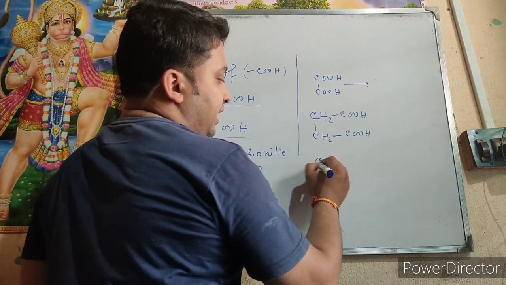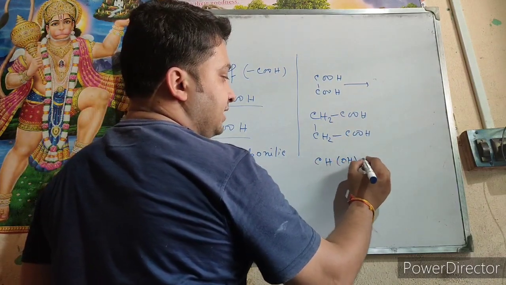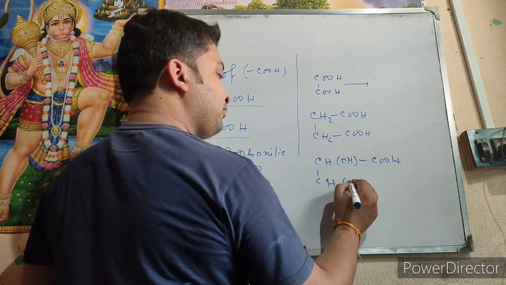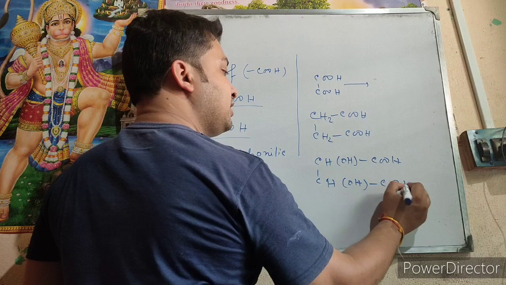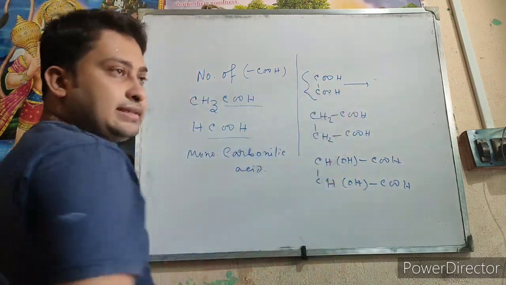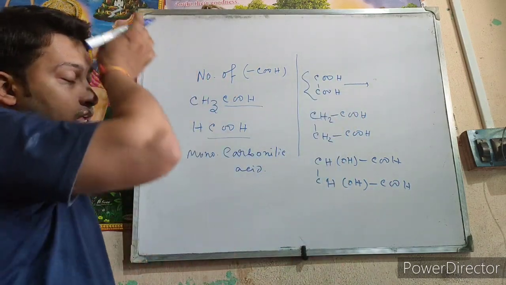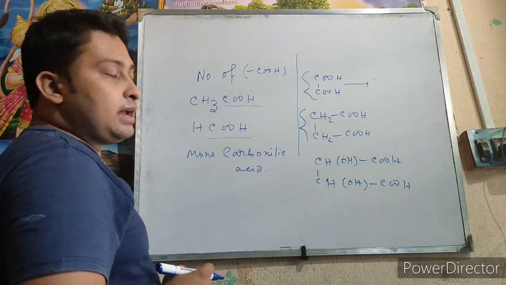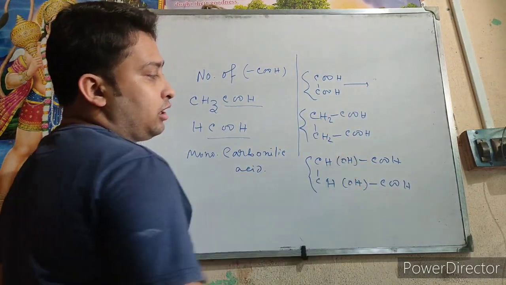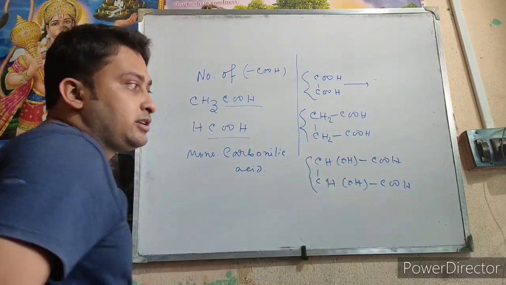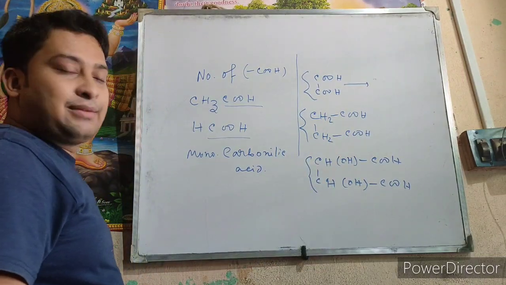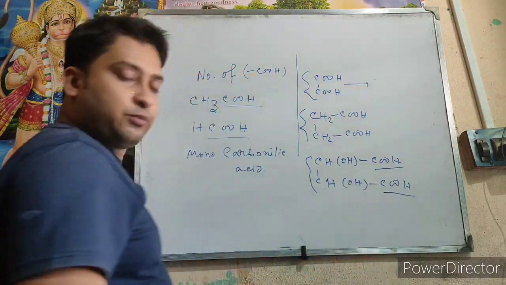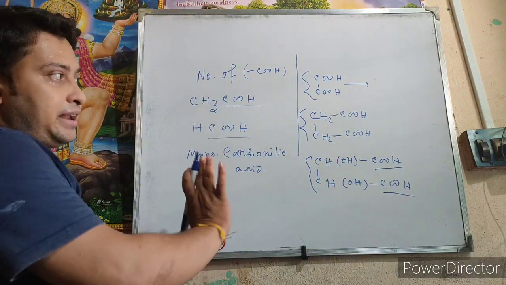And if you write CHOH, COOH and CHOH, COOH, tartaric acid is also a dicarboxylic compound due to the presence of 2 carboxyl groups. Okay, it's very easy.